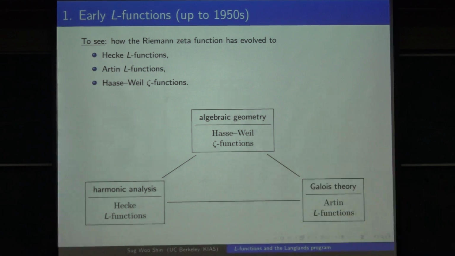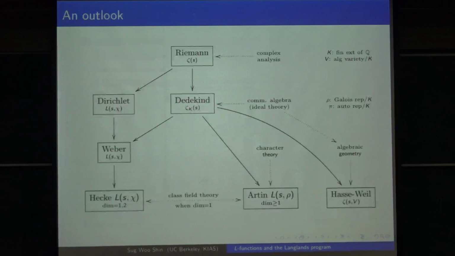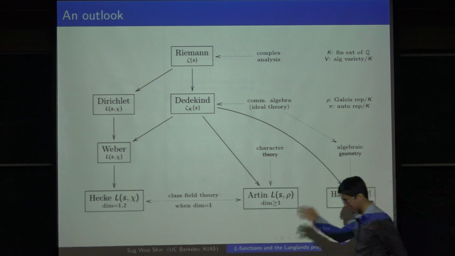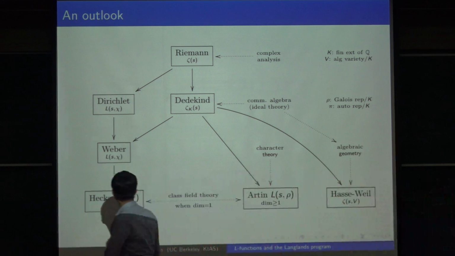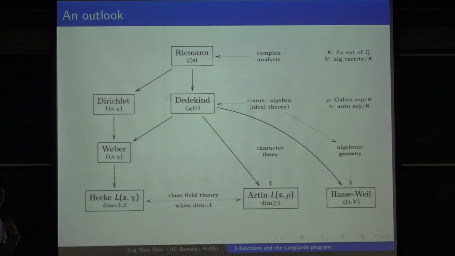Okay, so let me start with the outlook. There are many L-functions, right? So many. But it's like you're looking at an evolution chart. There are maybe a few different animals, but over time you have maybe 100,000 different animals.